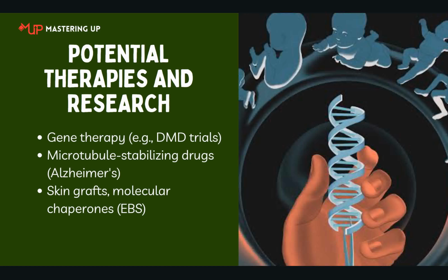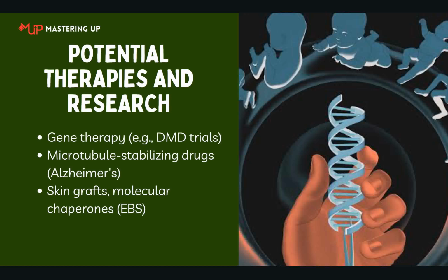While these diseases are serious, there is hope on the horizon. In Duchenne muscular dystrophy, clinical trials are exploring gene therapy approaches to restore functional dystrophin production. For Alzheimer's, researchers are developing drugs to stabilize microtubules and inhibit aggregation.